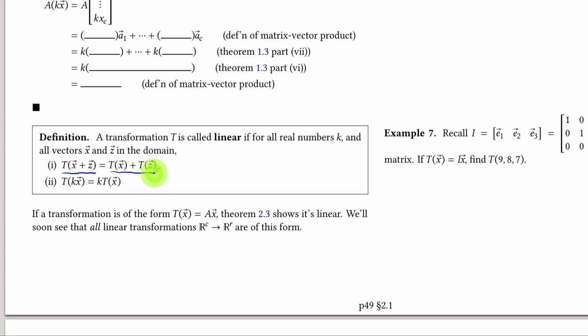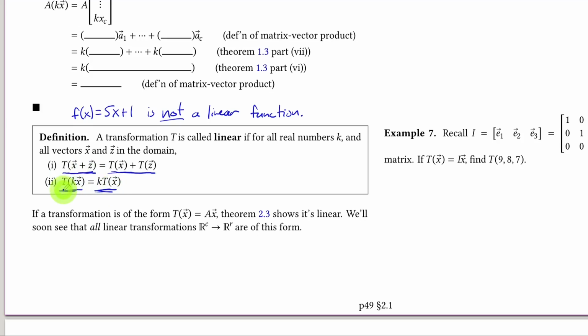And these are the same basic properties you were looking at in the warm-up exercises. You were showing that f of x, which is 5x plus 1, is actually not a linear function because it fails these. You get different things for some values of x and k and z here.